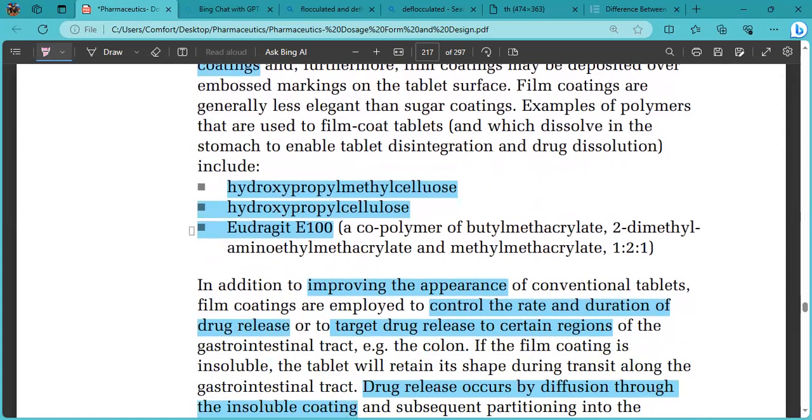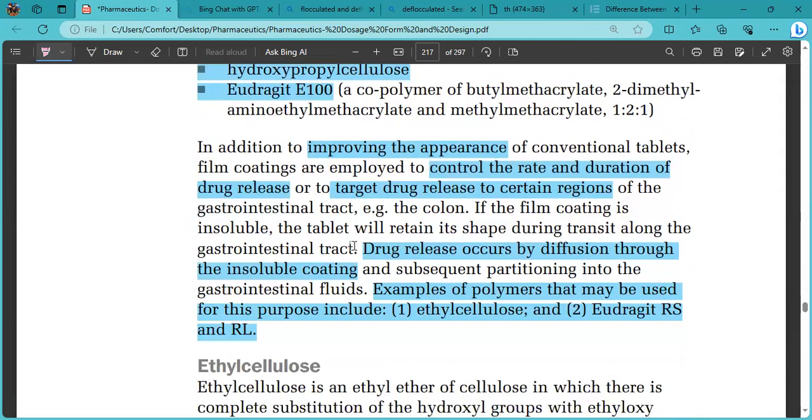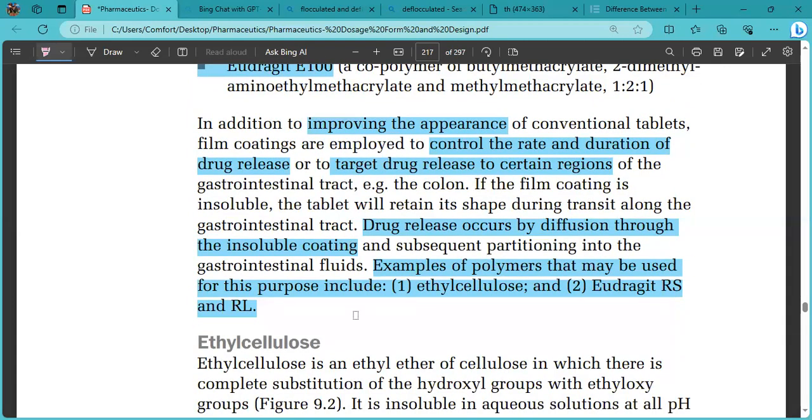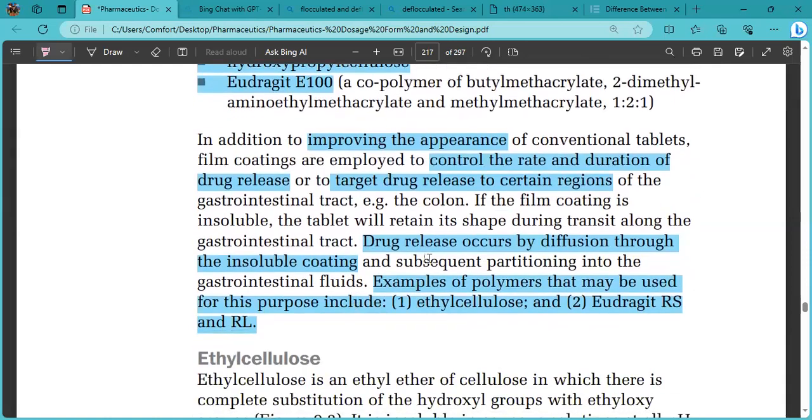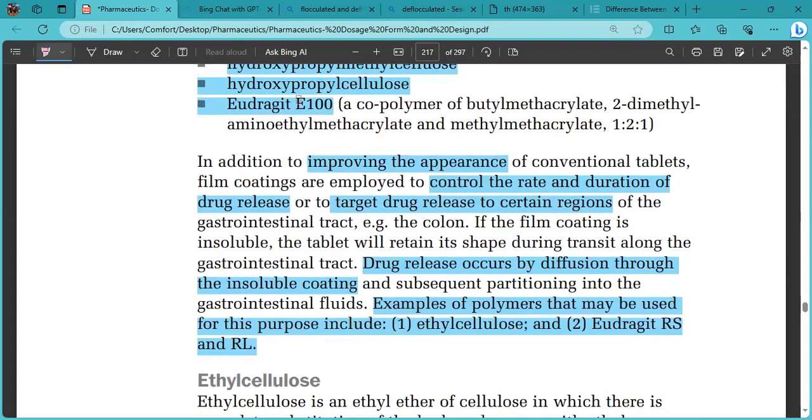It could either be the same polymers that we mentioned for enteric coated tablets, these three, or these others that are specifically used for this purpose, which are ethyl cellulose and Eudragit RS and RL, which is different from the E100. Should not have that.